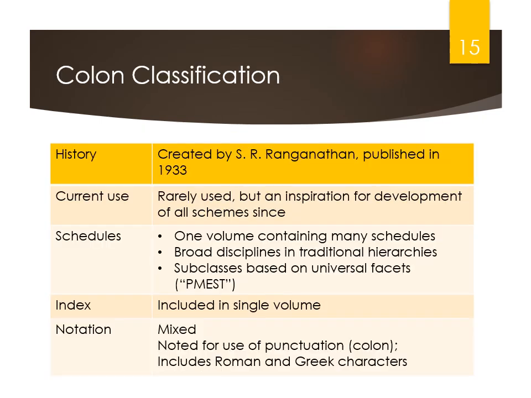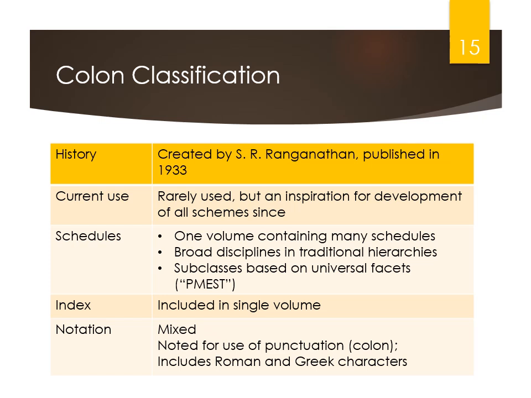Colon classification is a faceted classification scheme developed by Ranganathan and published in 1933. The sixth edition was published in 1963 and represented Ranganathan's continued refinement of the original scheme.